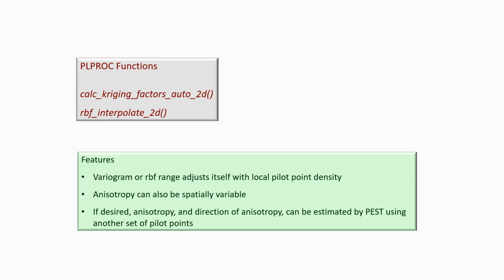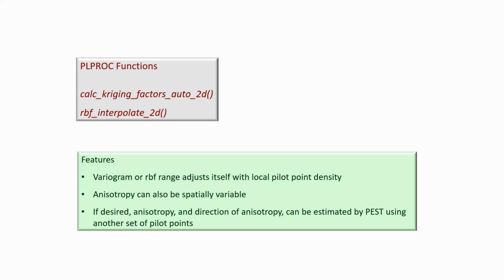For radial basis functions, a similar thing applies. The variables which govern the wavelength of those radial basis functions adjust themselves automatically in accordance with local pilot point density. And we can get even more complicated than this.